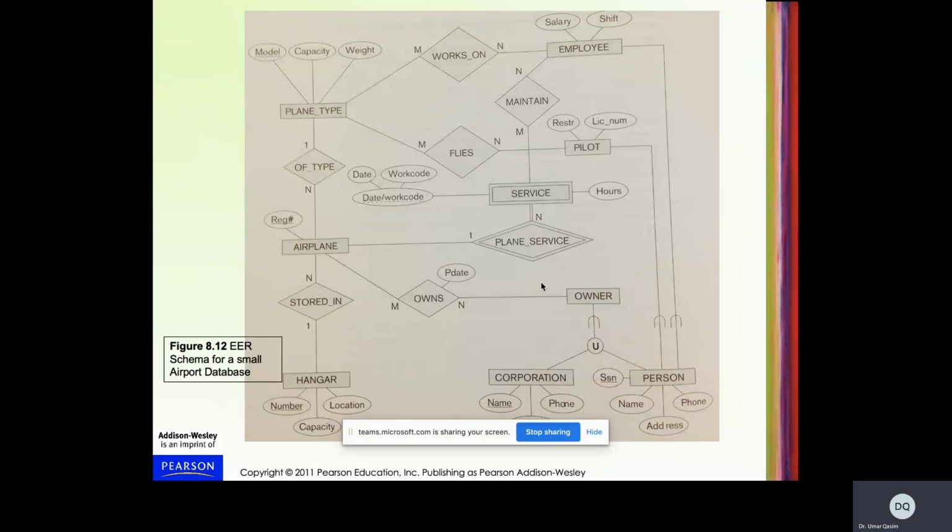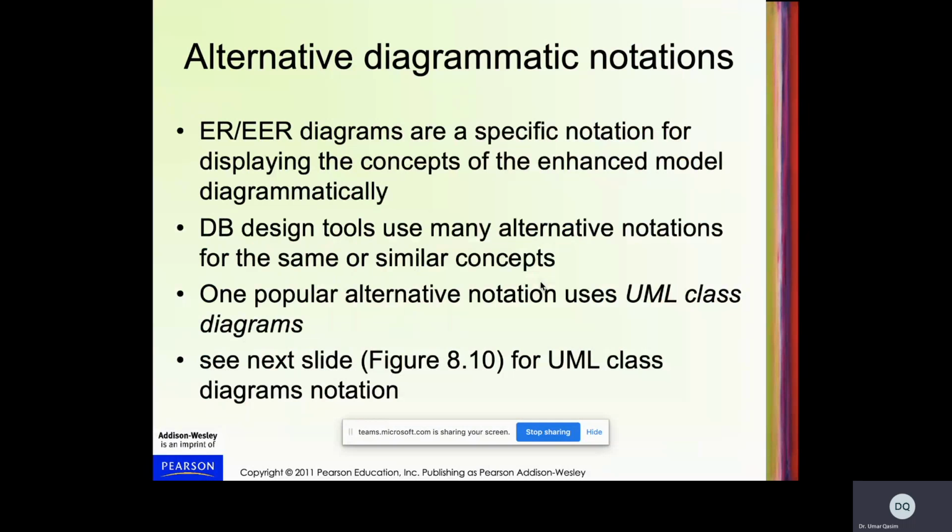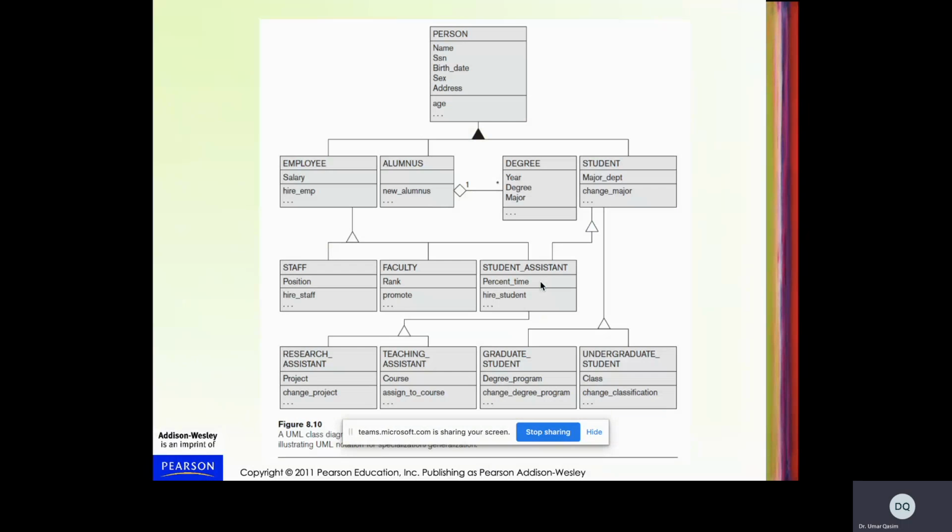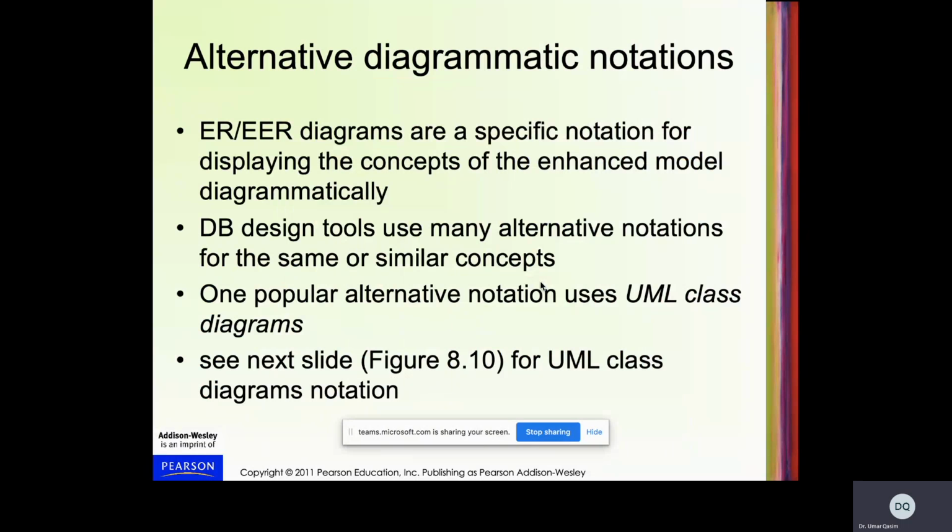So all these examples show how the concepts of union types, superclass, subclass, specialization, and generalization are used in ER diagramming notations.